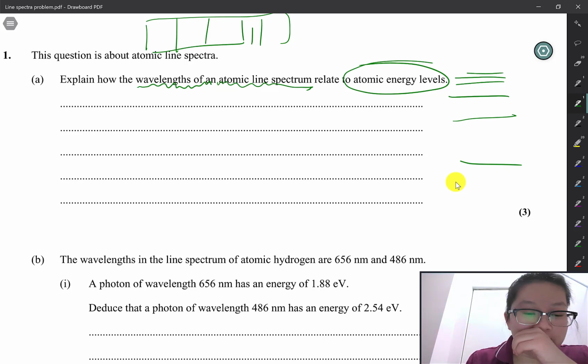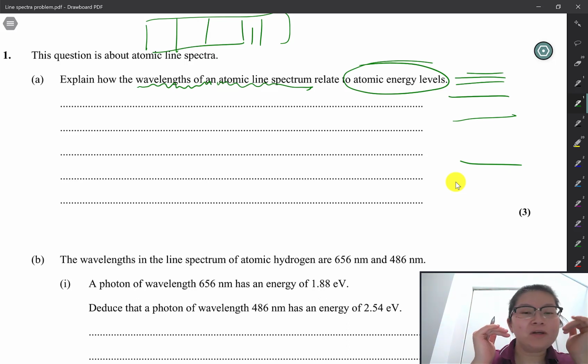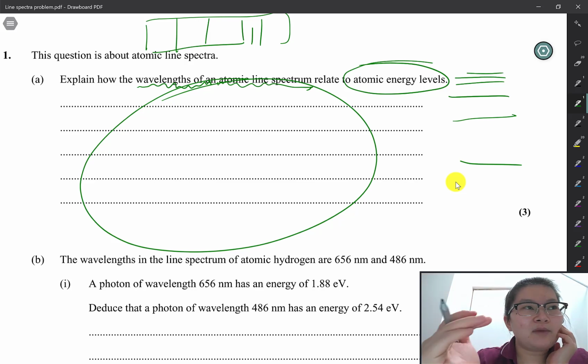So what I would do is, on the side of my page, build a flow chart for myself, so that when I'm actually writing this down on my sheet of paper, I'm doing it in a logical, coherent manner, so that I don't miss a single step in which a point could possibly be awarded.